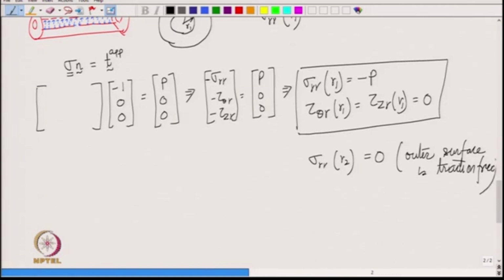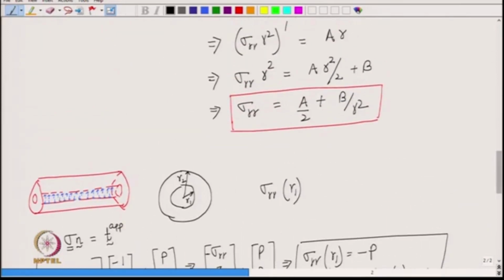This is going to be useful for solving the equation here. We have sigma r r at r 1 equal to minus p and sigma r r at r 2 equal to 0.